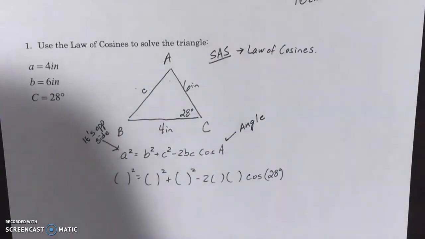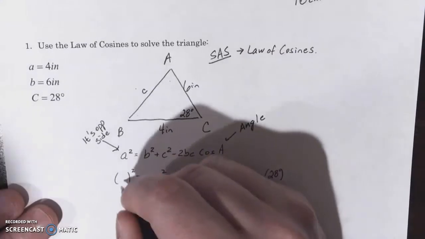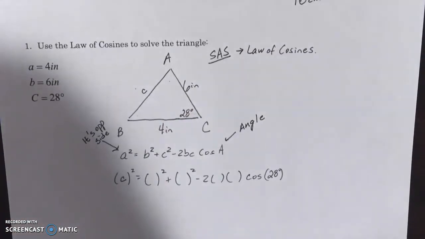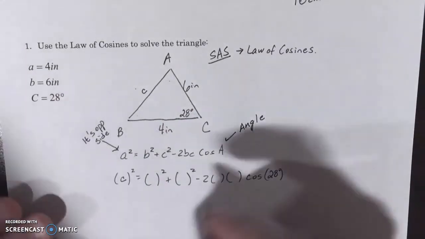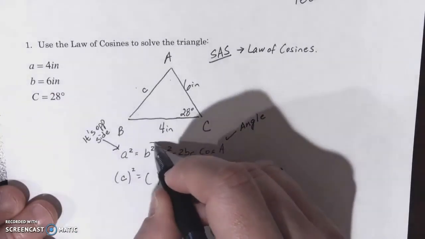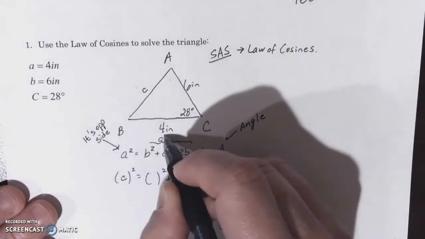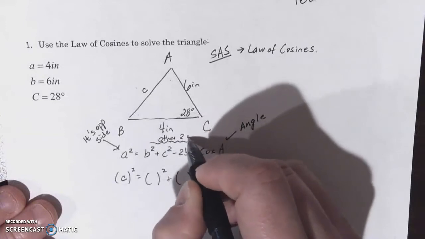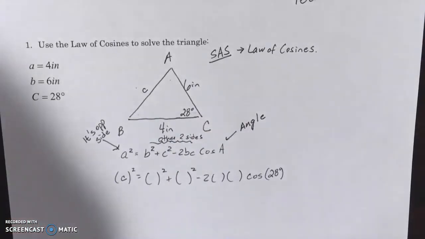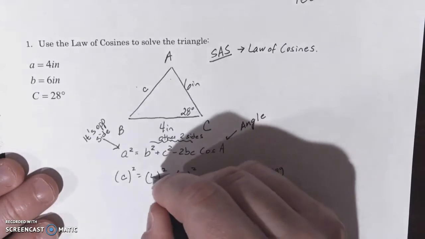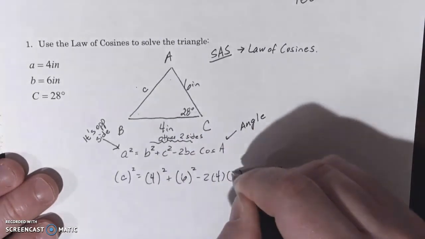If you want to give it a new variable like x, feel free. I'm just going to call it little c. And then our other two sides will make up these. That's how we generally define that. So our other two sides would be 4, 6, 4, 6.